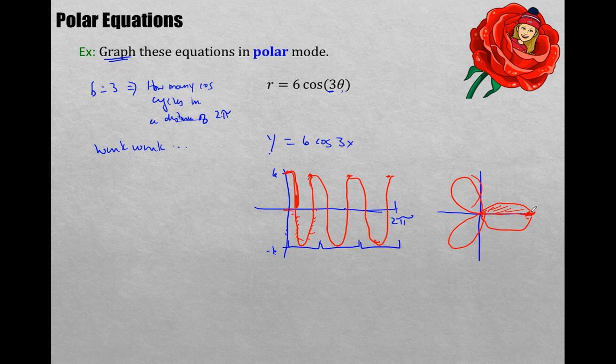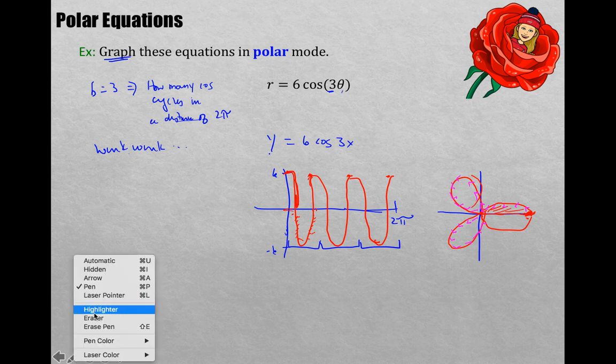You don't actually trace it. When you start at 0, if you hit trace, you do go this way, but you don't go this negative here. You go negative into negative x's. So you travel this way. That, my friends, is called a rose.